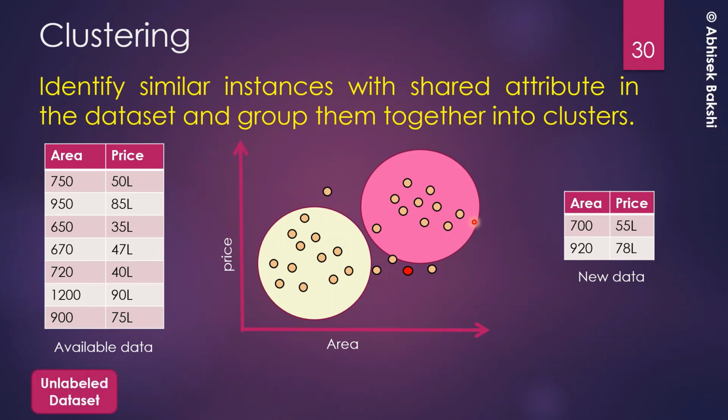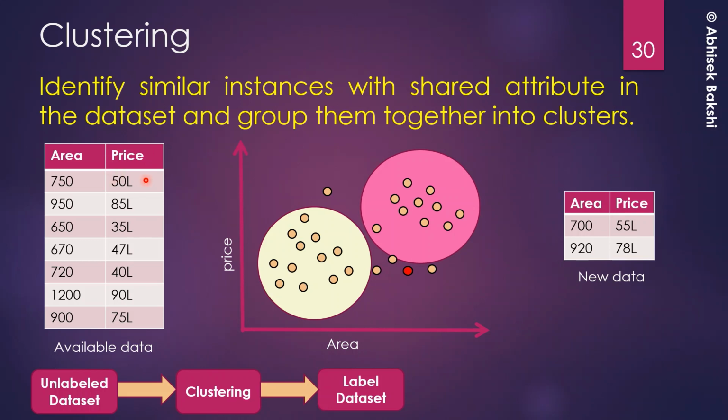Similarly, let's see the technique where we have an unlabeled data set. What do we do? We go for clustering. Clustering is done like this. Then, based on the clustering, we label the data set. Say, for example, it is not area or house price. Maybe it can be some email content, and another parameter can be the sender's address.